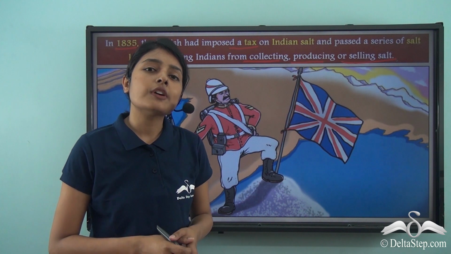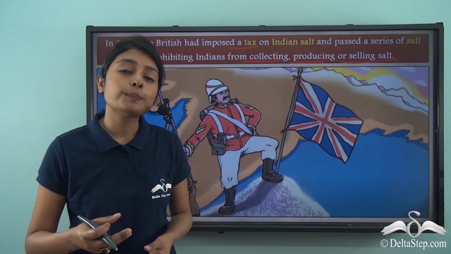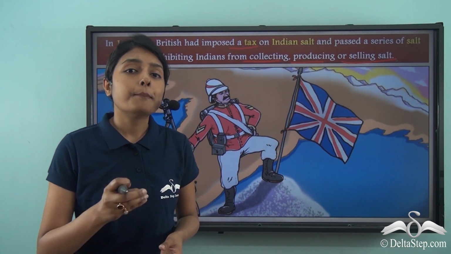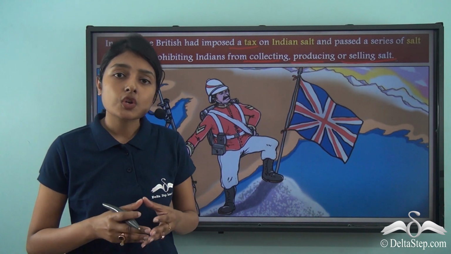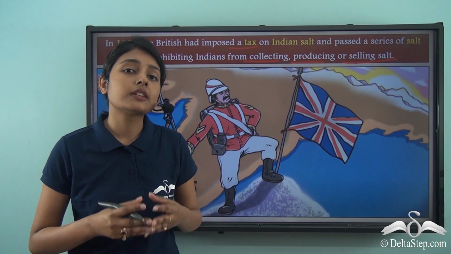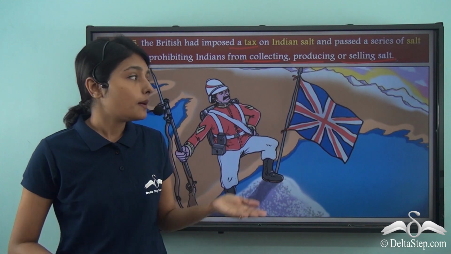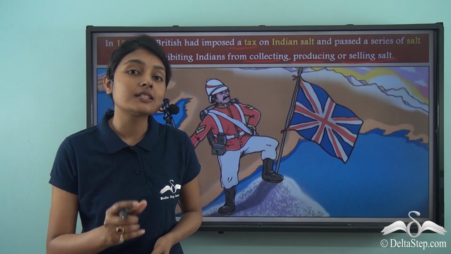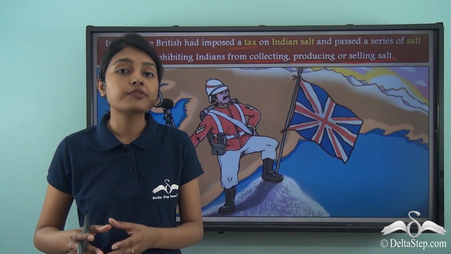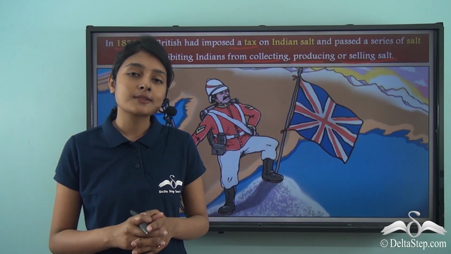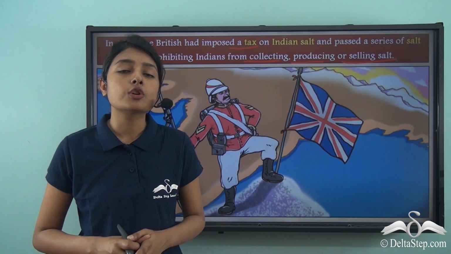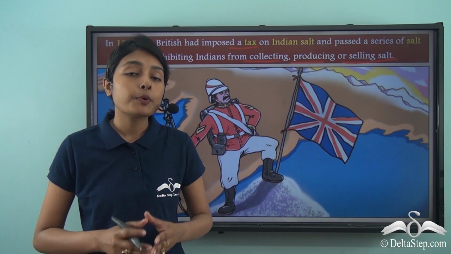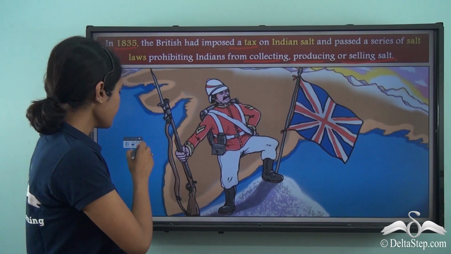And the Indians also found it very difficult when they had to pay taxes for buying salt, because salt is something that they required for their consumption. And so Mahatma Gandhi knew very well that if he could use this salt as a symbol of this entire civil disobedience movement, then he could reach out to a larger proportion of masses.